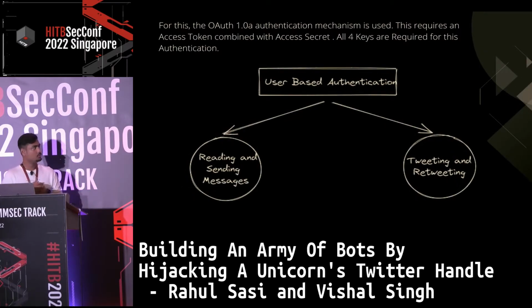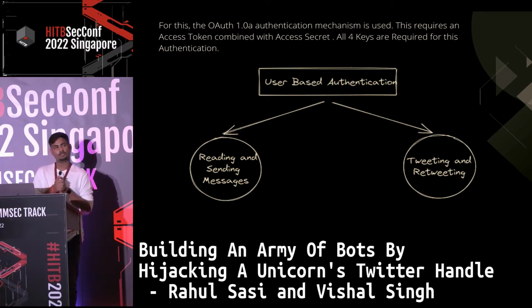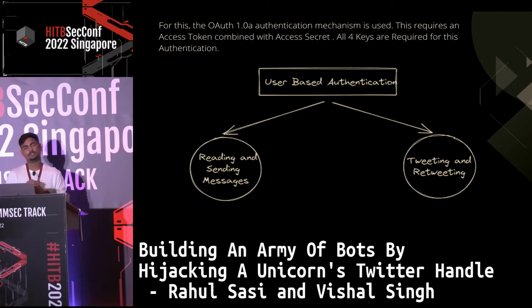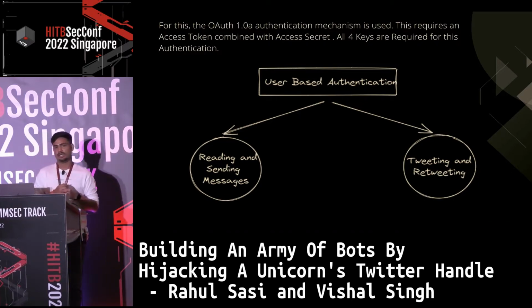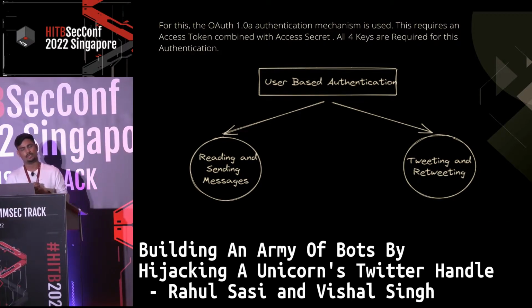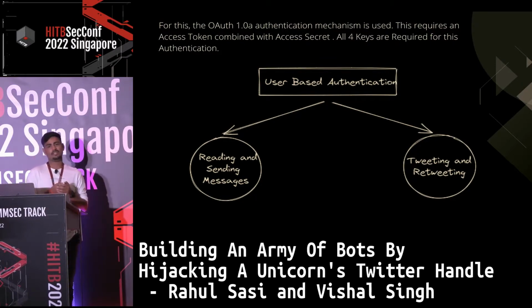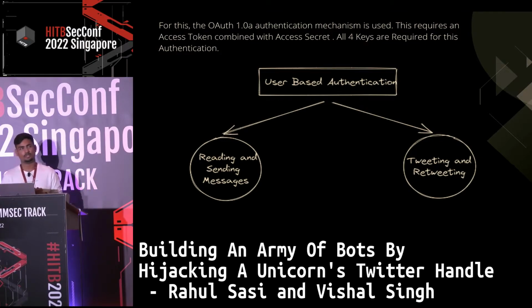So we started going through the user-based authentication. For user-based authentication, we need four credentials: the consumer key, the consumer secret, the access token, and the access token secret. So what could be done with user-based authentication? Basically it correlates with the user session token.